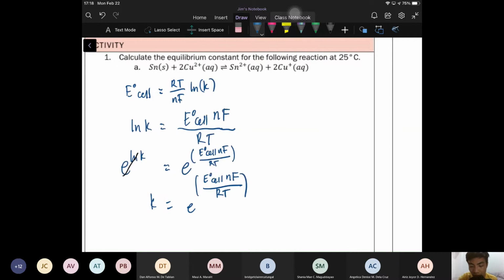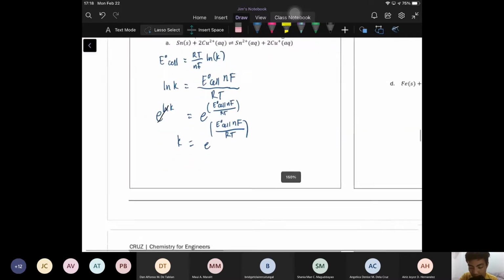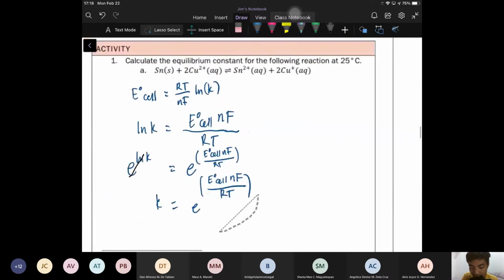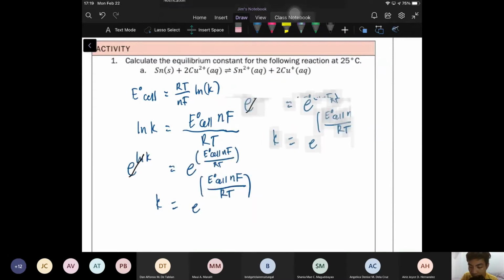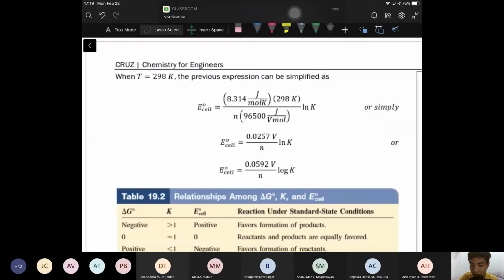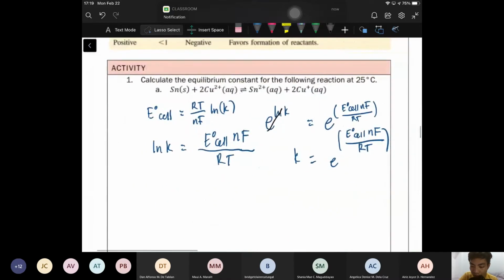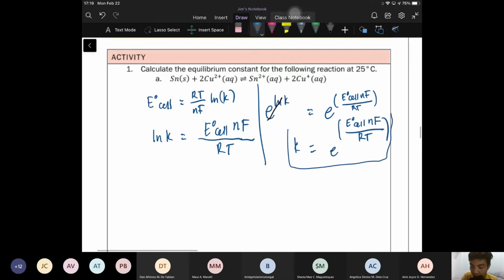Ayusin ko lang tong equation ko, ha? Okay. So, ito yung ating working equation. Yan yung gagamitin natin.